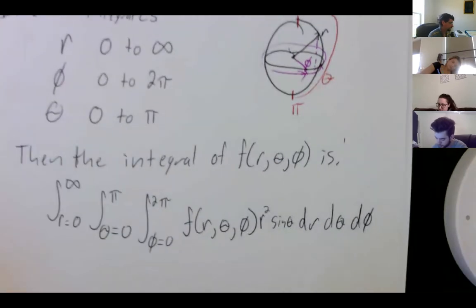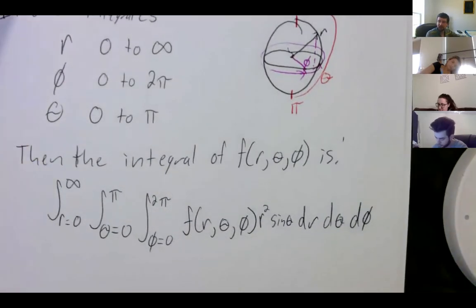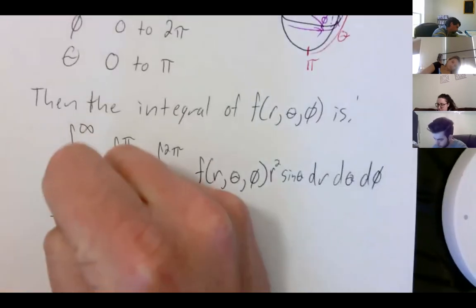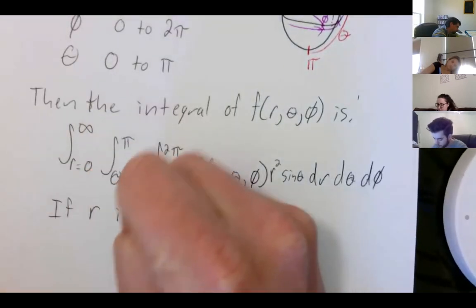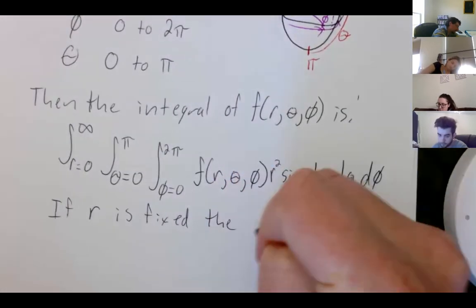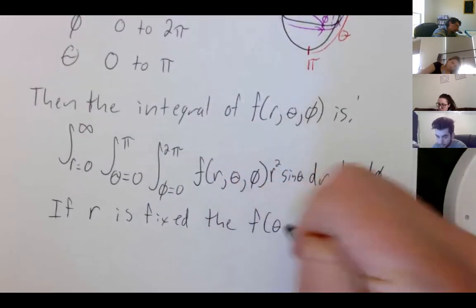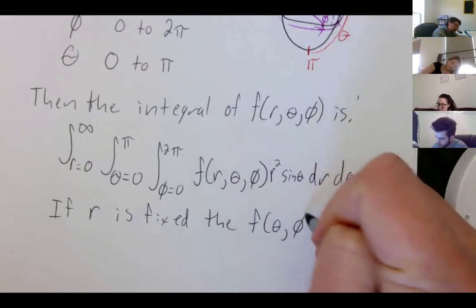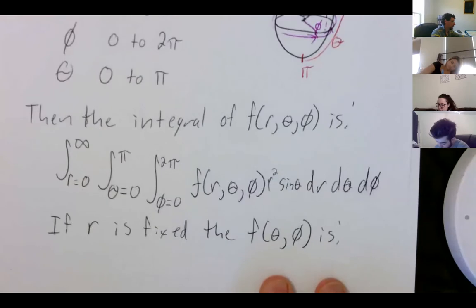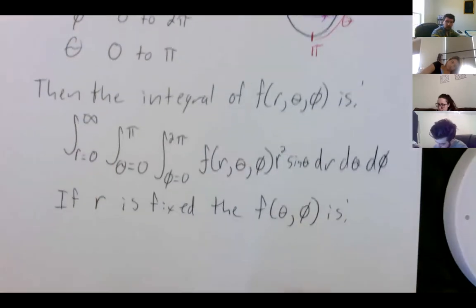Perfect. Okay, now let's say r is fixed. Then our function only depends on theta and phi. What's our integral going to become?